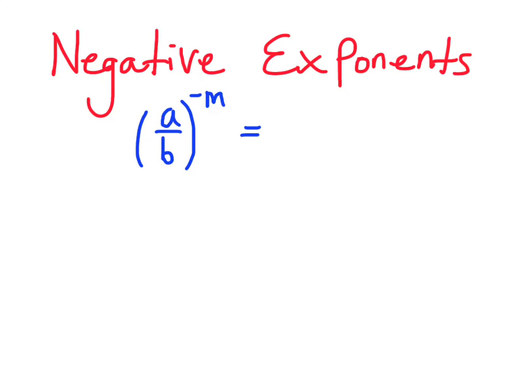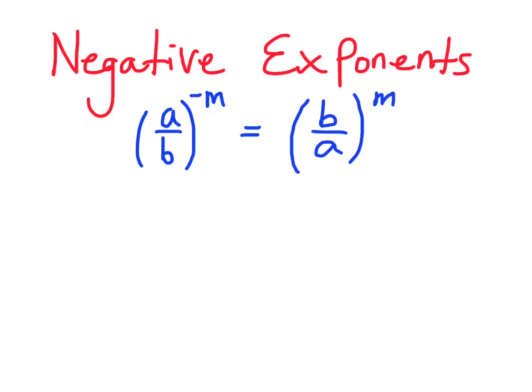What a negative exponent means is that, in order to get rid of it, we just make it positive. And what happens when we make it positive is that we flip the base of the exponent. We take the reciprocal of it. So when it was A over B, now it becomes B over A to the m. So that's one version of this law.